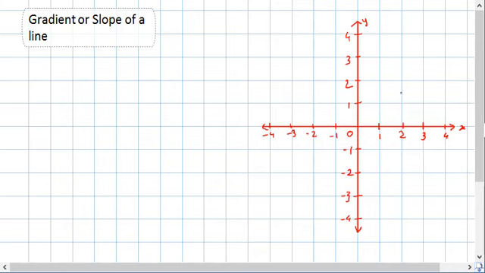So as you know, this is the coordinate graph that we have. This is also called a Cartesian plane, and it has two axes. One is the x-axis, which is the horizontal line that you see, and one is the y-axis, which is the vertical line.